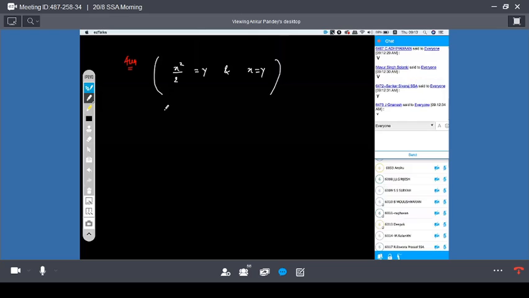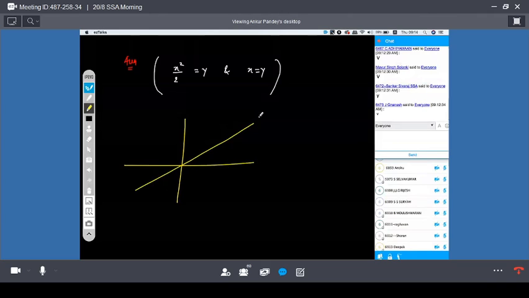Quickly. Yes or no? No doubt, x equal to y.